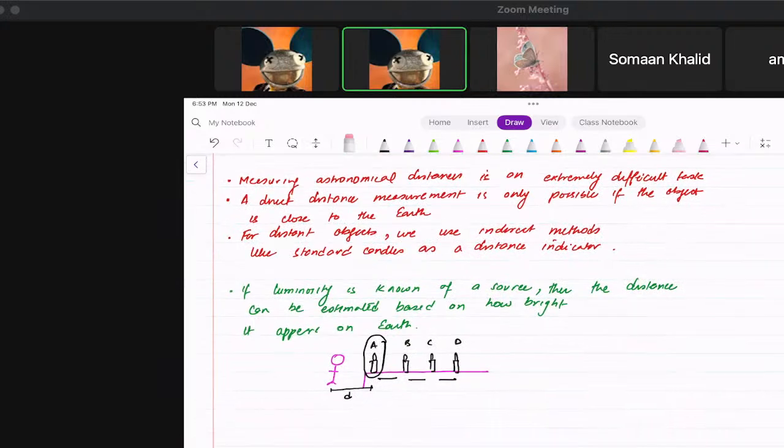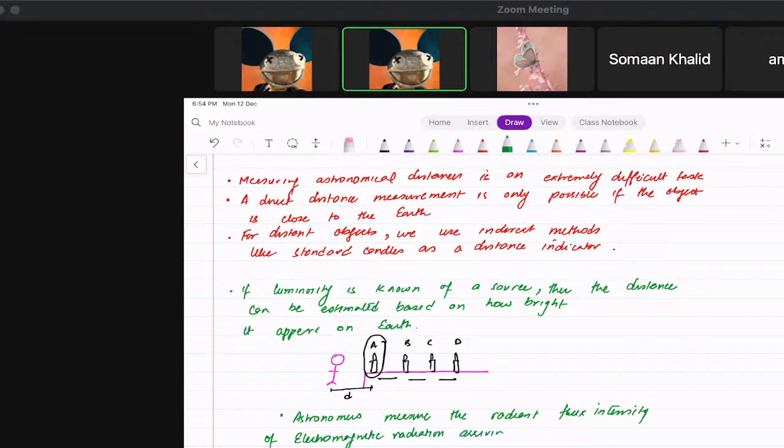For example, astronomers measure the radiant flux intensity, which is what we're receiving from different stars, of electromagnetic radiation arriving at the earth.